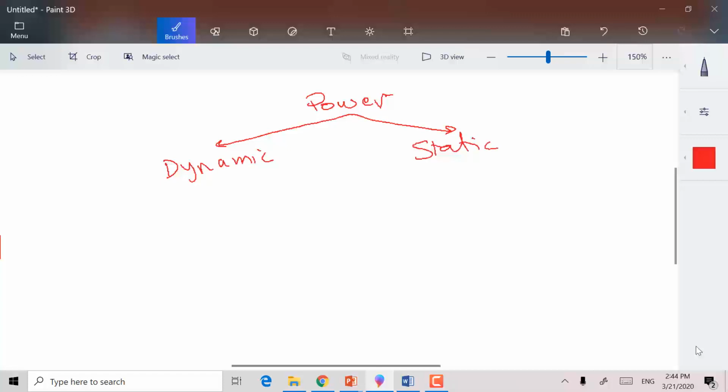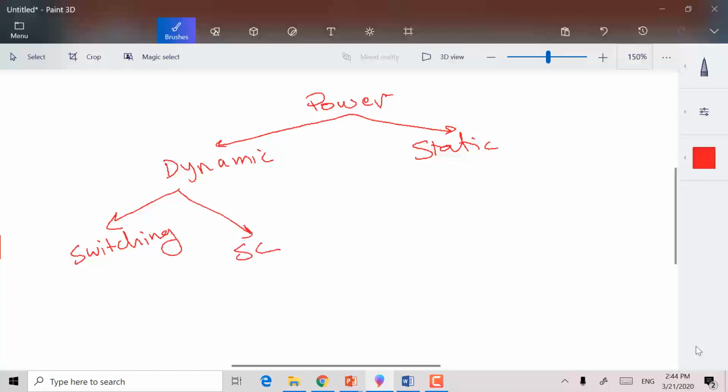Dynamic power is the power dissipated due to activities on the circuit, and we can generally say that it is either switching power or short circuit power.